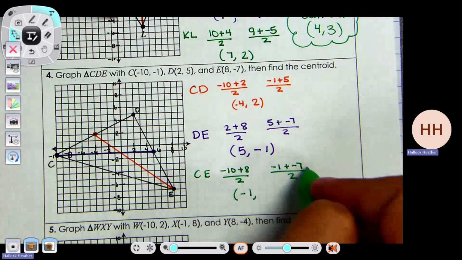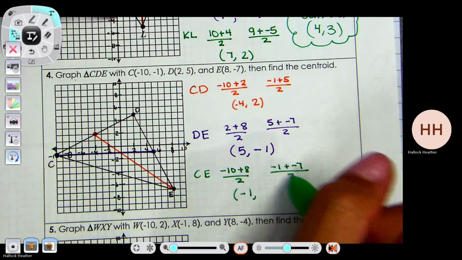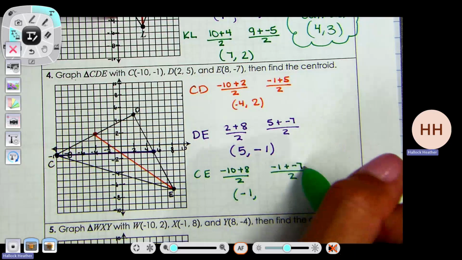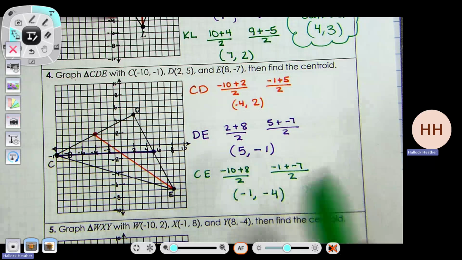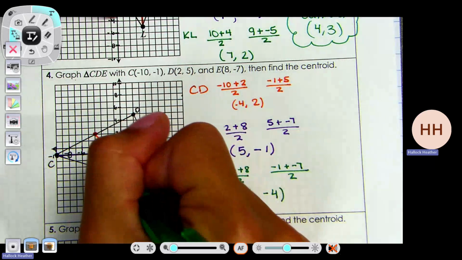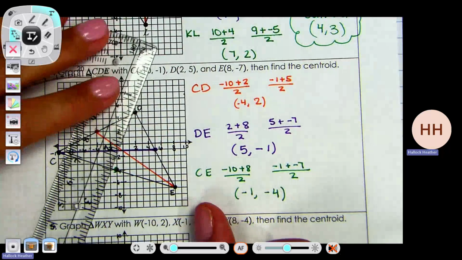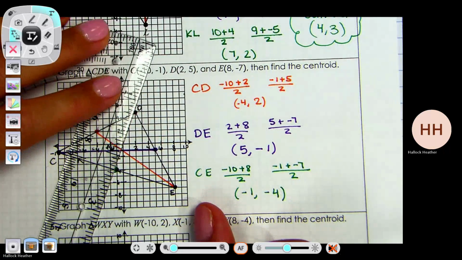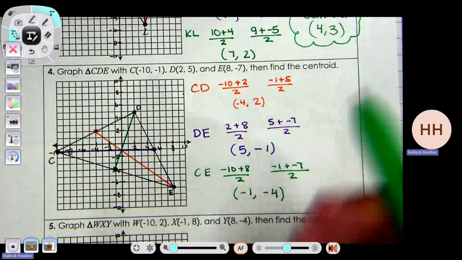And this is -8 divided by 2 is -4. So -1, -4. So that's going to connect to the opposite, which is D, where the 3 lines crisscross.